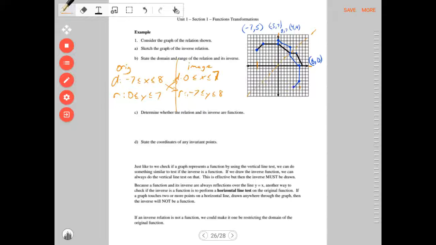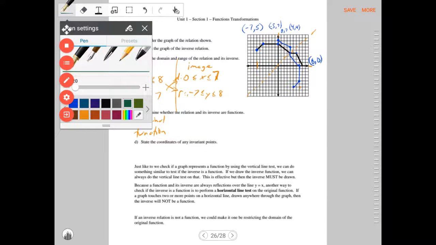So C, determine whether the relation and its inverse are functions. Okay, so the original, we already said that was a function because we did the vertical line test on it and it passed. It never touched any more than 1 point. Now, the inverse though. Okay, and let's see. Oh, look at green. We can use that.